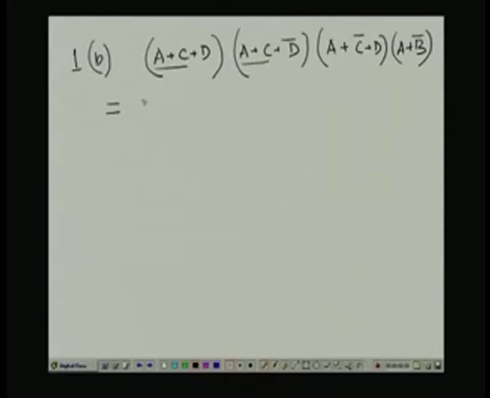If I apply the distributive law, then this is D bar into A plus C, plus A plus C plus D into A plus C plus D bar, and the last two terms keep as they are.